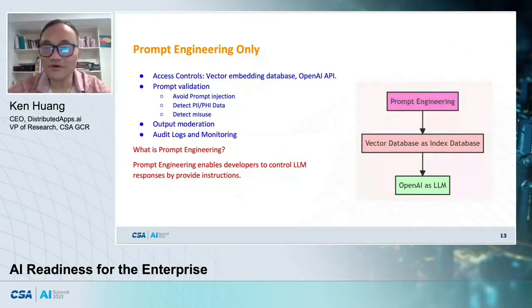And in terms of PHI data, there's a Microsoft tool, and another tool like Macie in Amazon that you can leverage, right? And also, Sean mentioned that you can apply for the zero retention policy with your LLM provider like OpenAI, right?